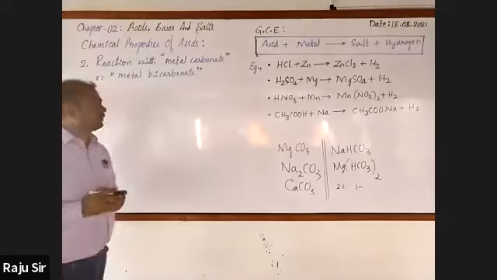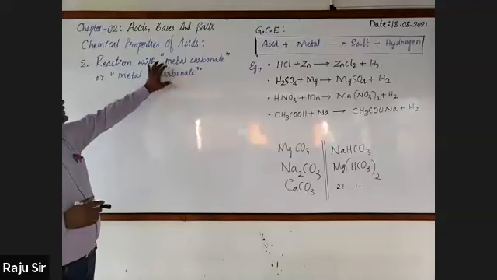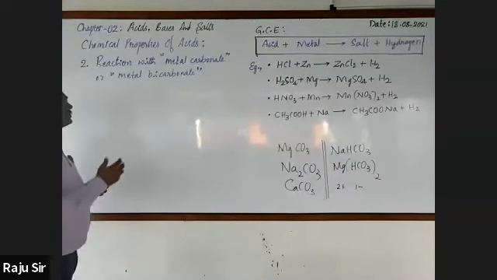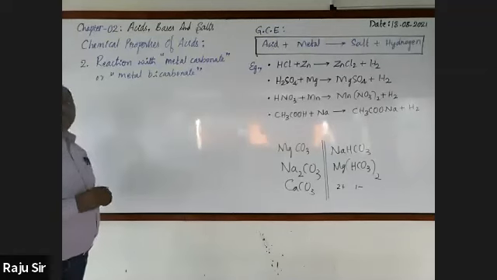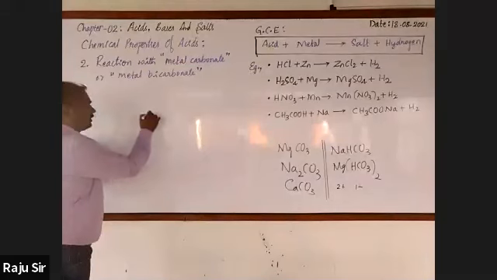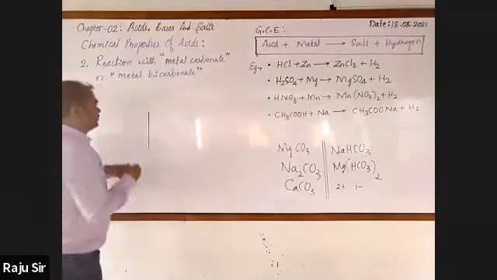Observe. Now let us see what happens when acid reacts with metal carbonate or metal bicarbonate. Here also there is an experimental arrangement. Roughly I'll draw; just observe, don't copy anything. Let me take a test tube.